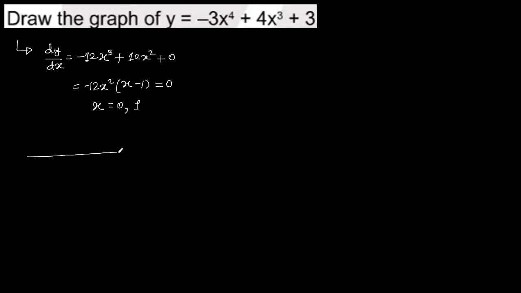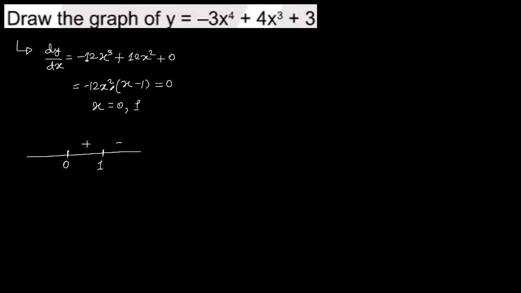Now we have a number line, keep 0, keep 1. What will happen when you go 1 plus? It is positive, this is positive, this is negative. 0 to 1, this is negative, this is positive, overall positive.